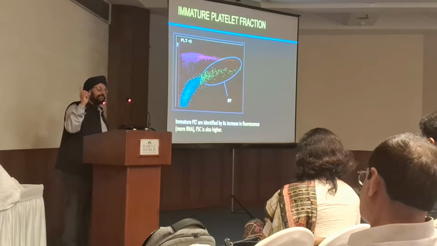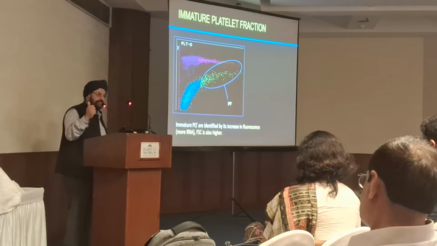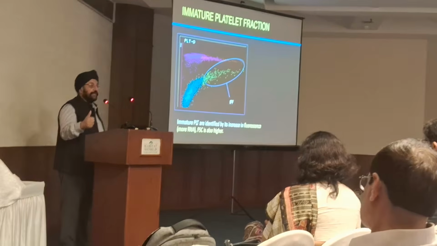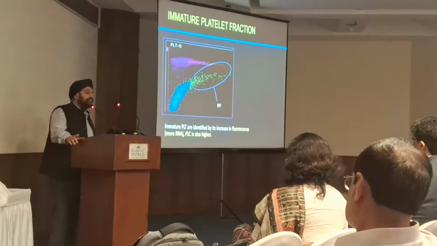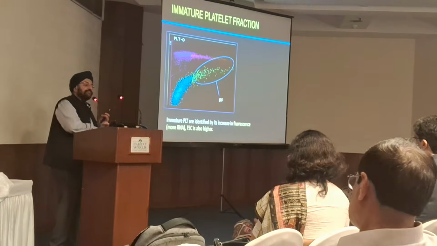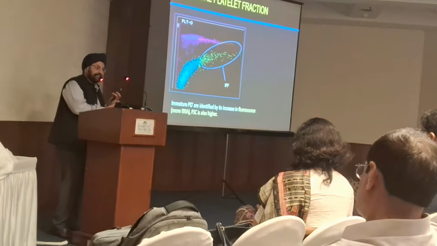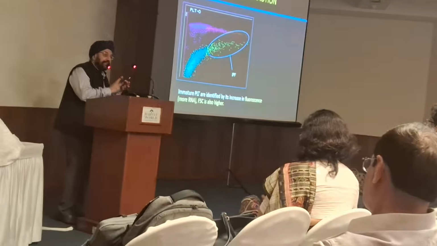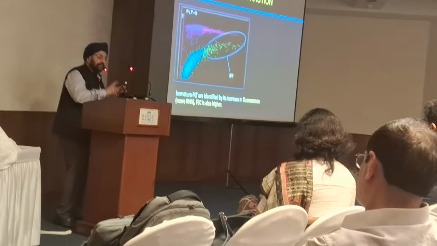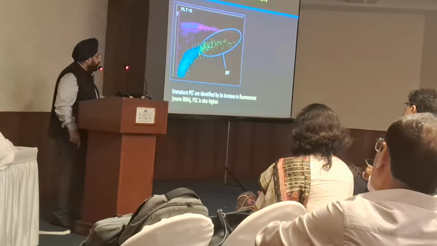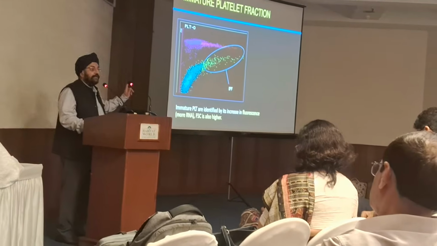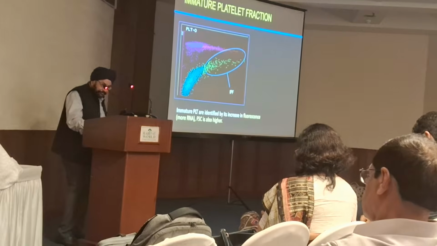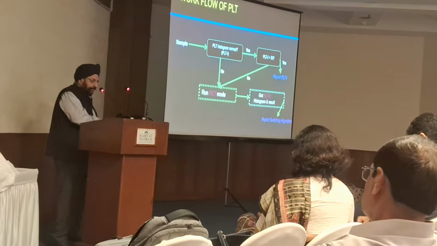So IPF is not just platelets which have high fluorescence, they are also giant platelets. So people living in areas of macrothrombocytes, like Harris platelet syndrome patients or Mediterranean platelet syndrome patients coming from Calcutta or Pakistan, will also have high IPF because of the giant platelets, not so much because of the reticulated platelets.